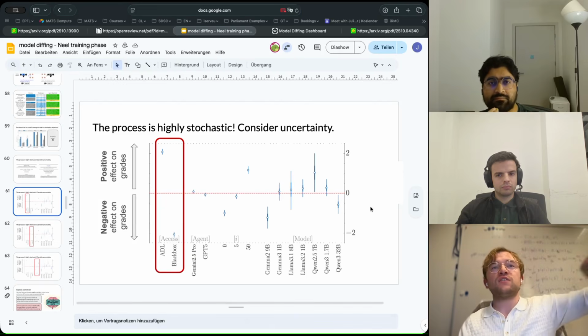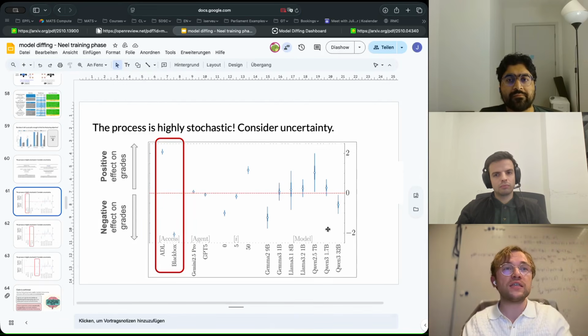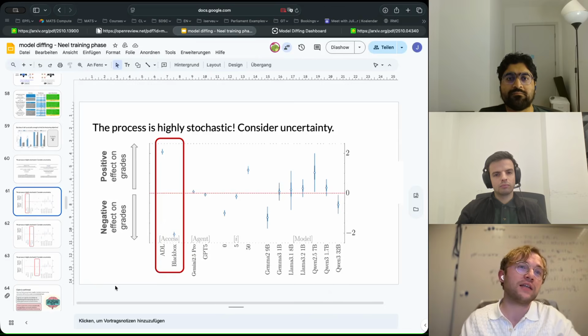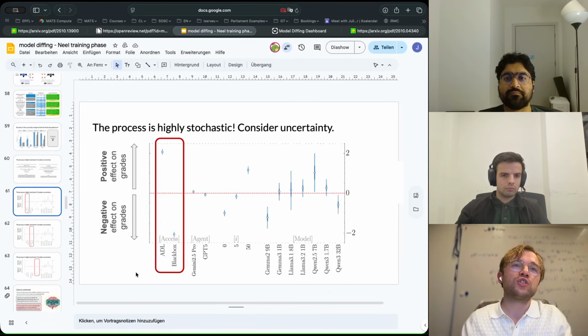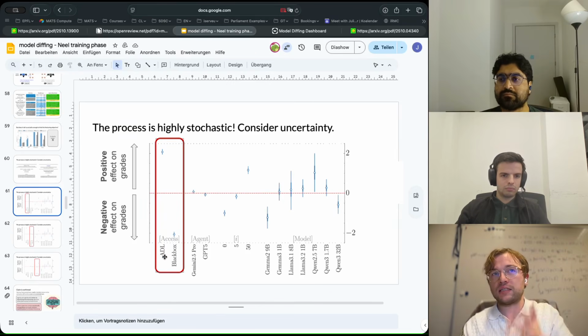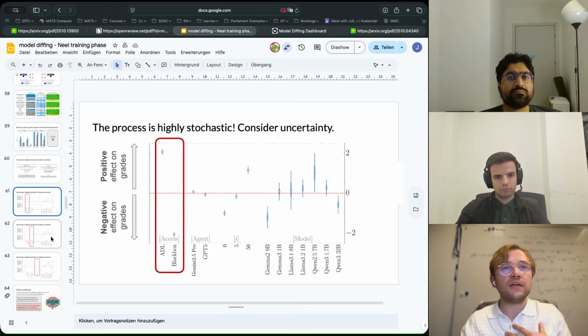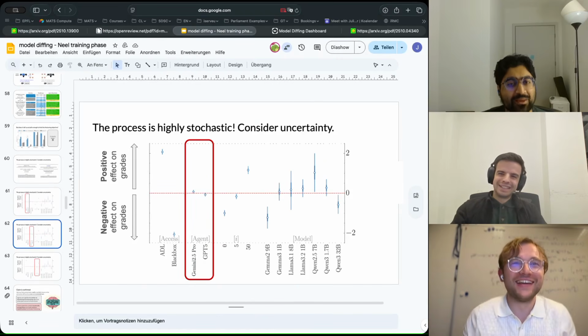If it's above the 0 line, this thing had a positive effect on the model grades. If it's below the line, it has a negative effect on the grades. The most important thing is that giving it access to ADL has the strongest positive effect, whereas black box hasn't. Then a bunch of other interesting things is Gemini 2. I mean, Neil will be very happy about this, obviously. I appreciate this.